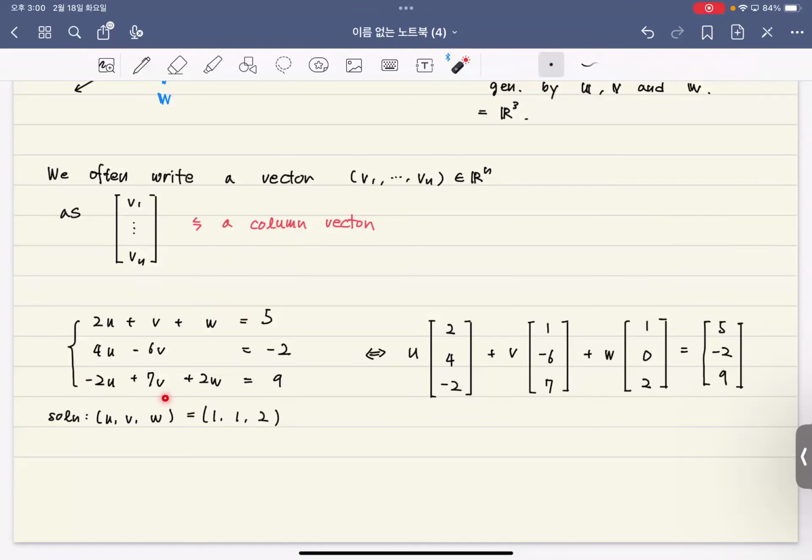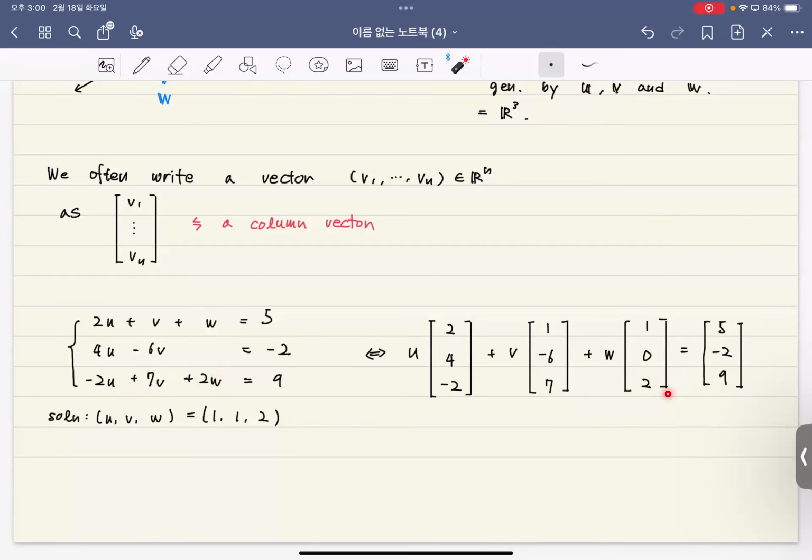Why can this system be translated to this one? If I scalar multiply this column vector by u, every component should be multiplied by u, right? And every component must be multiplied by v, and every column multiplied by w. If you add all these together, then the first component is going to be precisely this one, the second component of the resulting vector this one, and the last component that one.